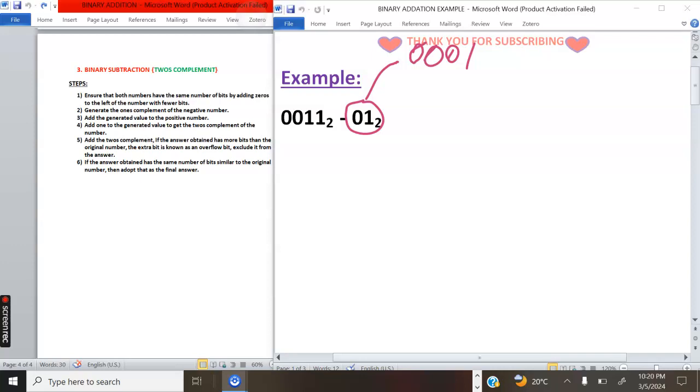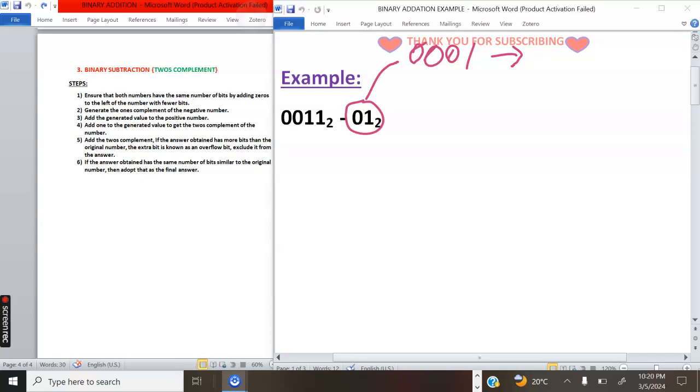Step number 2, you generate the one's complement of the negative number, and this is my negative number. For the one's complement, you can go back to the other video that I've prepared. Whenever we have a 0, you convert it to 1, and a 1 is converted to 0.